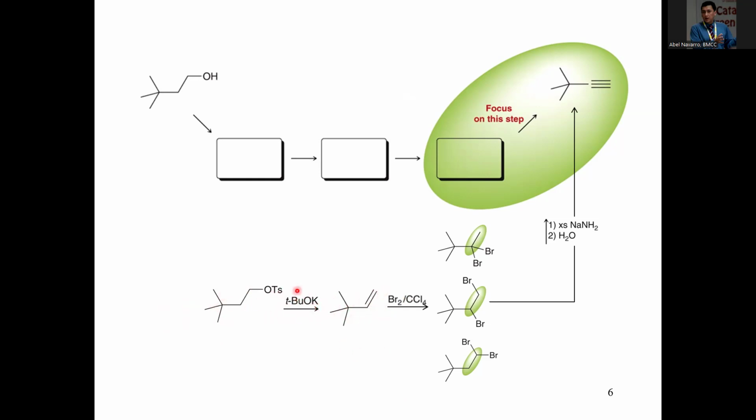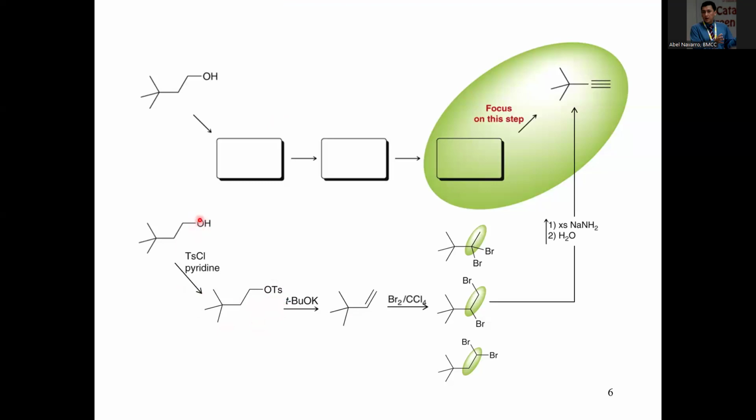Now, why do I have to use OTs? What is the purpose of OTs? Well, OH is a bad leaving group. Since OH is a bad leaving group, then I need to activate it. That activation is tosylation, and that's what you guys will do, tosylation in pyridine. Pyridine is just a solvent.